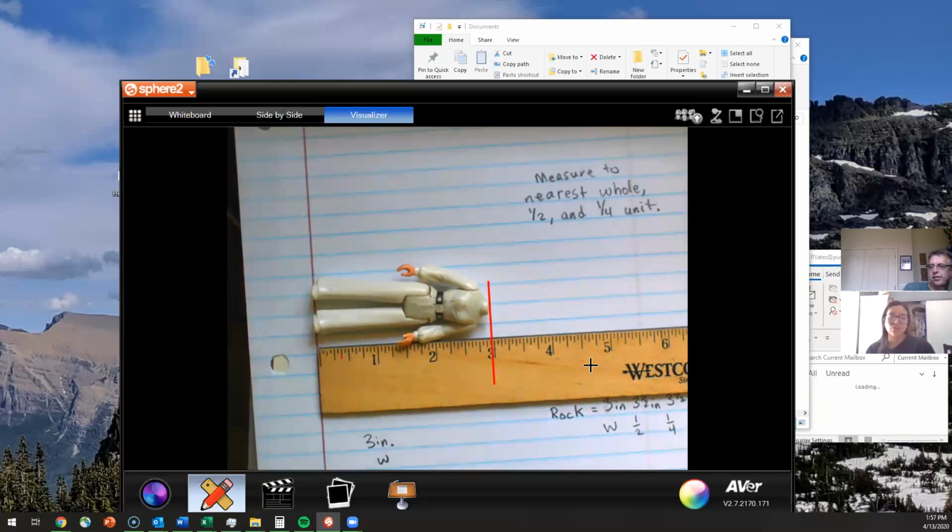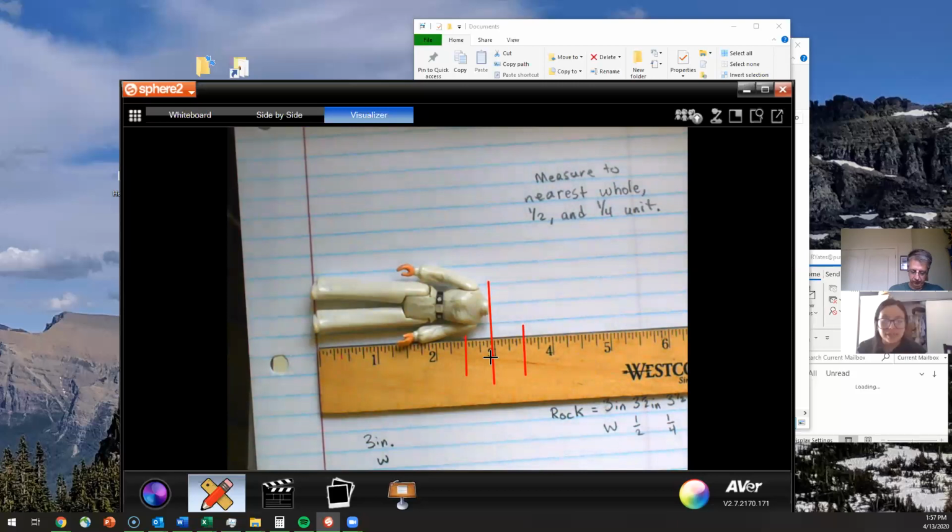Now we are going to be looking at the nearest half. So your nearest half could include the 2.5 and your 3.5, just like Mr. Yates is showing us right there, and your 3 as well, because it can be considered half an inch between 2.5, 3, and then your 3.5.